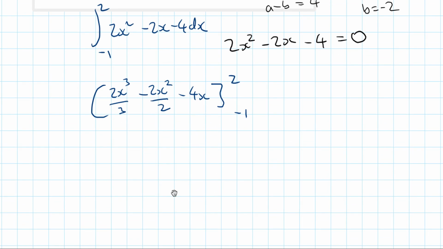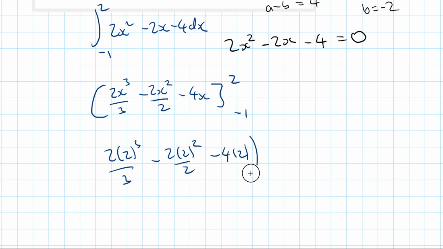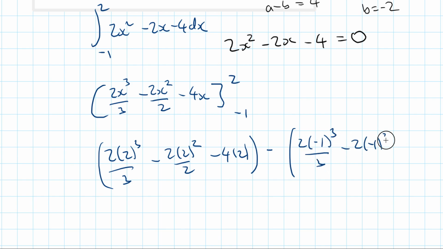We need limits, no constant, because we have limits. And then we're going to plug in our numbers. So 2 times 2 cubed over 3 minus 2 times 2 squared over 2 minus 4 times 2. And then we're going to subtract our second one, so 2 times -1 cubed over 3 minus 2 times -1 squared over 2 minus 4 times -1.